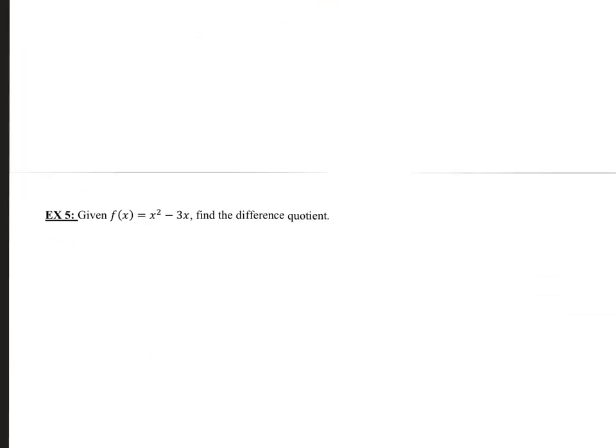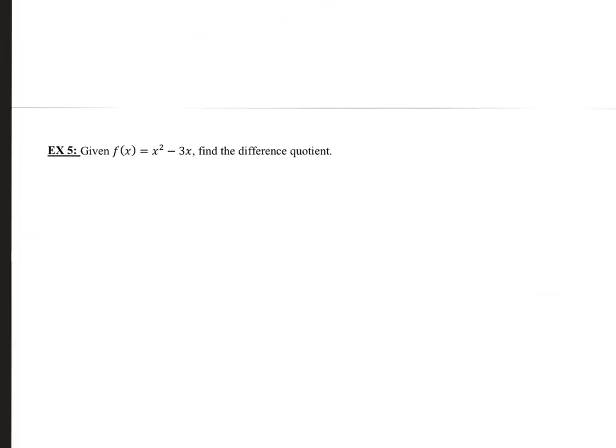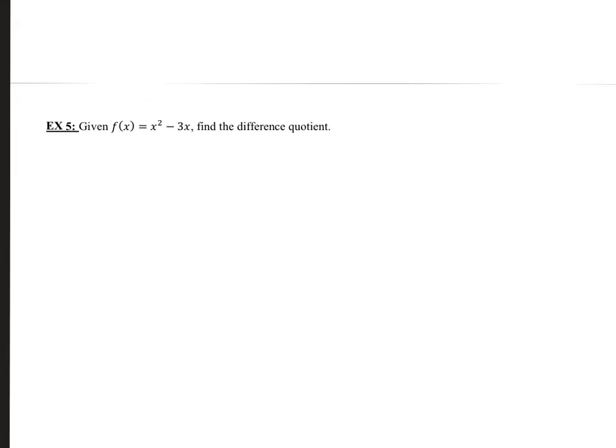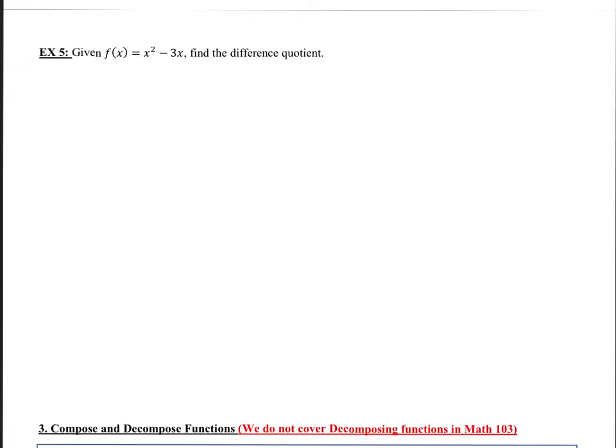Now let's take a look at f of x equals x squared minus 3x, and we're going to find the difference quotient. So once again, the difference quotient is f of x plus h minus f of x all over h. So for f of x plus h, what are we doing? We're going to replace x with x plus h.